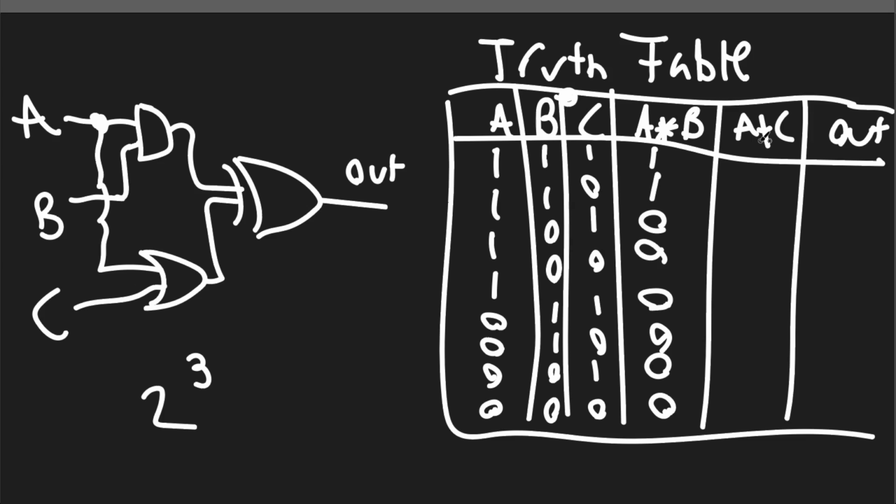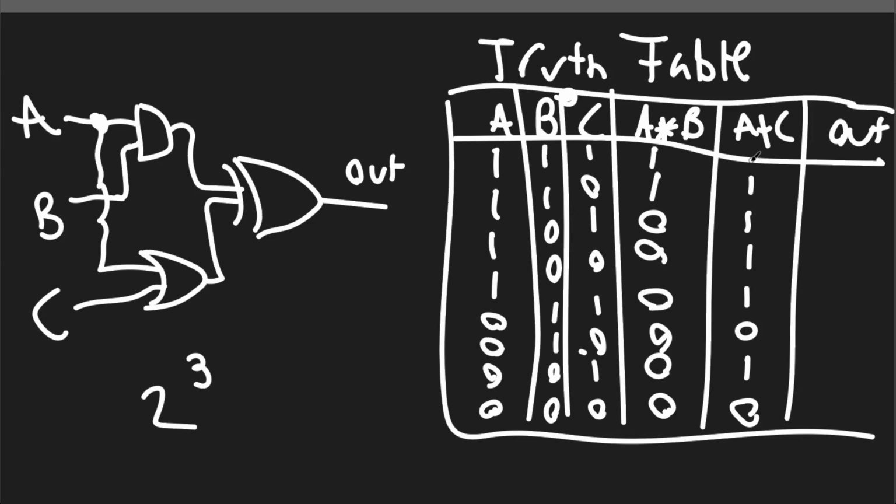So we need to look for the places where A and C are both off, which is right here and this one right here. We'll put zeros there, and the rest of them will be ones because we have a 1 in A or C for the rest of the values.